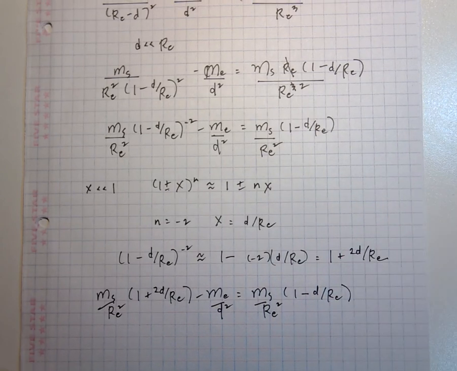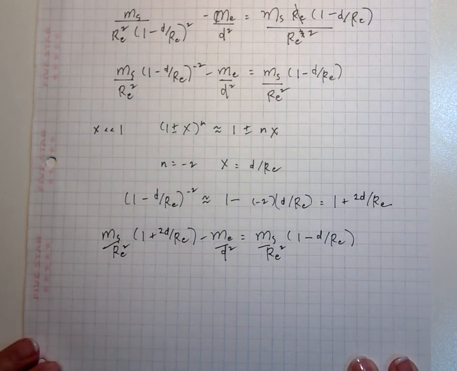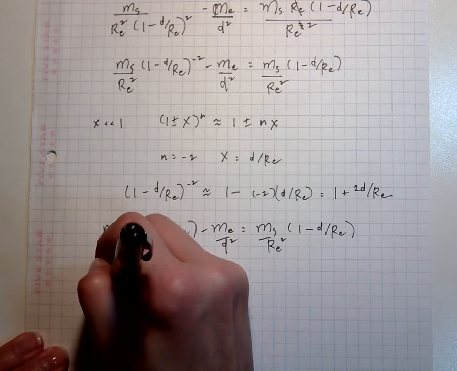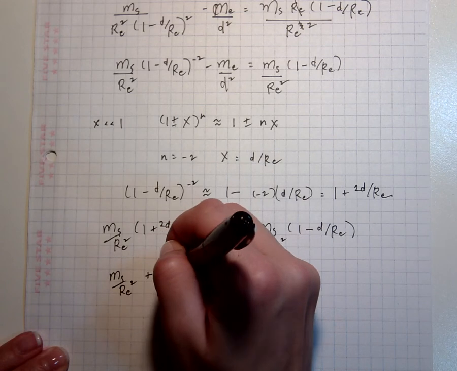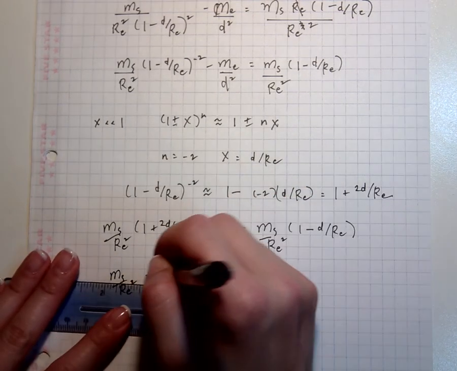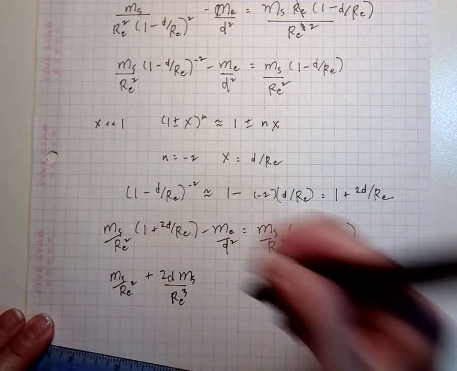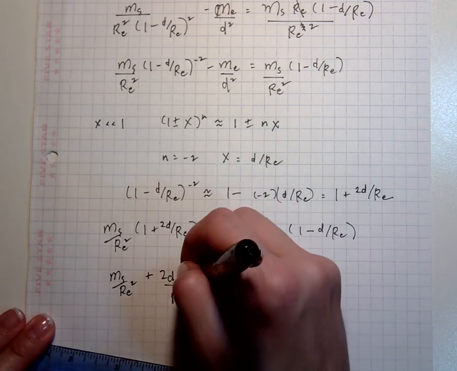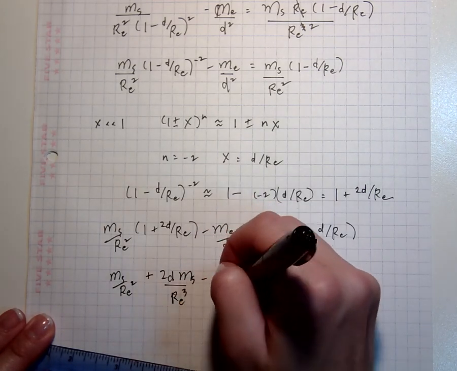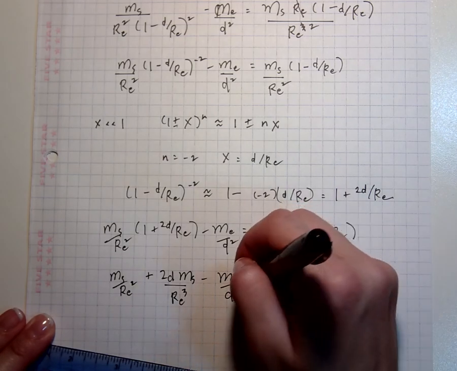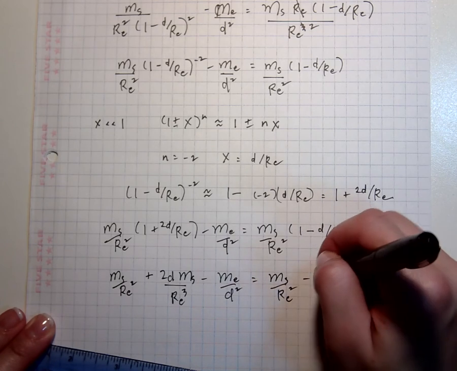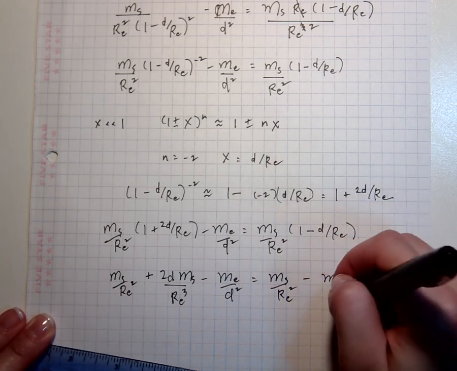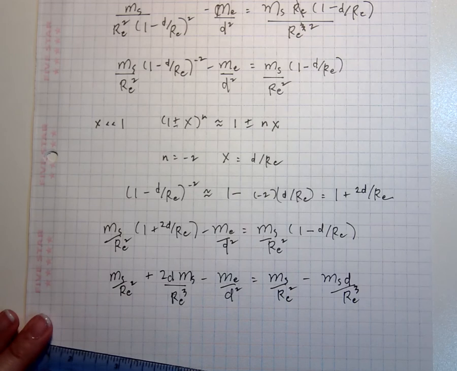So now, if we go ahead and simplify, so go ahead and just multiply everything out, we get the mass of the sun over r sub e squared plus 2d times the mass of the sun over r sub e cubed minus the mass of the Earth over d squared. And that's equal to the mass of the sun over r sub e squared minus the mass of the sun times d over r sub e cubed.